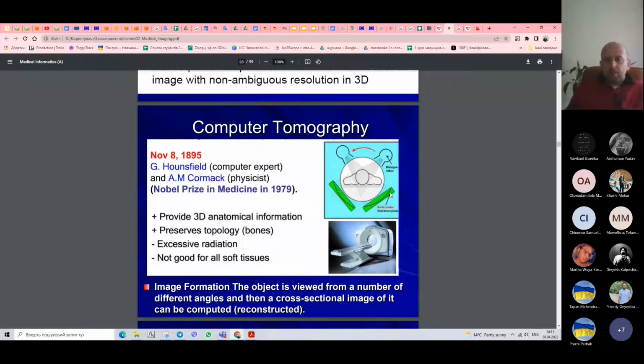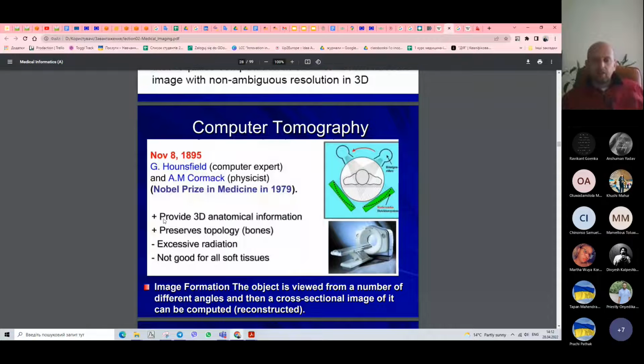Hounsfield proposed his computer expert, and Cormack, a physicist, got the Nobel Prize for the computer tomograph.